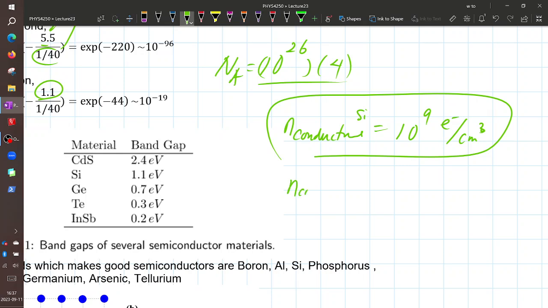The number of conductive electrons in copper, for example, is 10 to the 23 electrons per cubic centimeter. Huge difference between them. Copper is very conductive, silicon not so conductive. That's why people define silicon as a semiconductor.